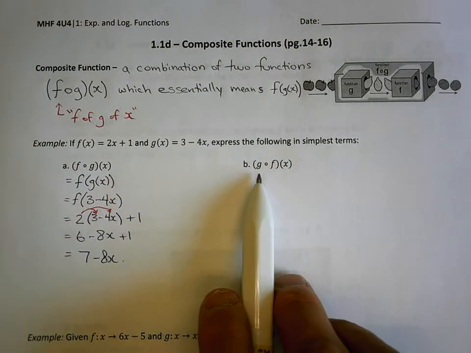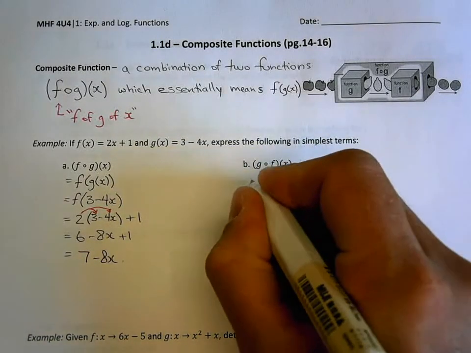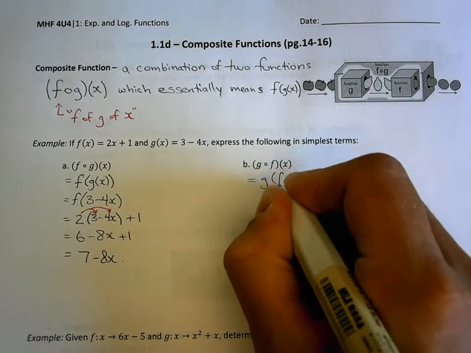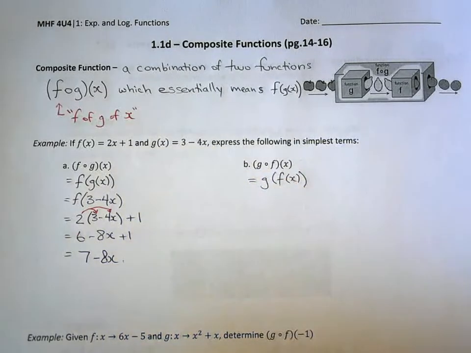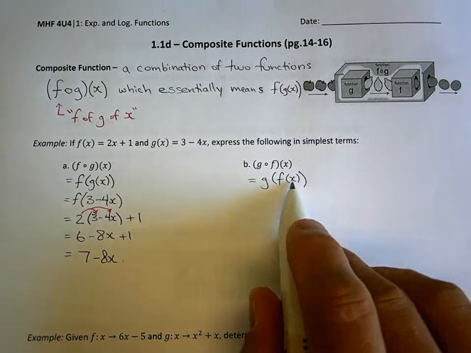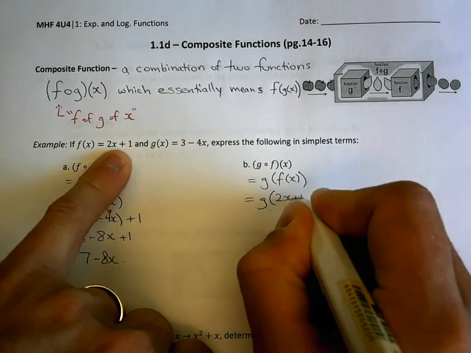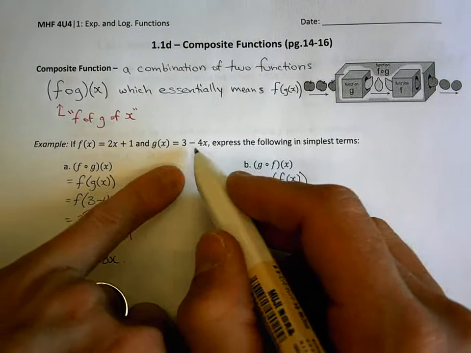Let's try g∘f. Well, g∘f is a composite function g of f at x. Again, let's rewrite it immediately into something a little easier to understand. This is the same sort of question, except I'm going backwards. I'm going to sub f, which is 2x plus 1, into g.